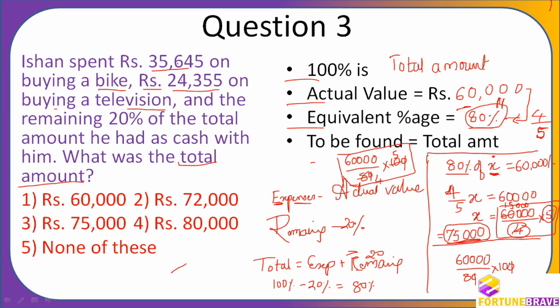So 8 will go, and then this will be 4, and this will be 5, and again you will see that this will become the same thing. 15,000 into 5 is equal to 75,000. You would have saved some time of writing 80 and 100 here, and I would have done it directly.